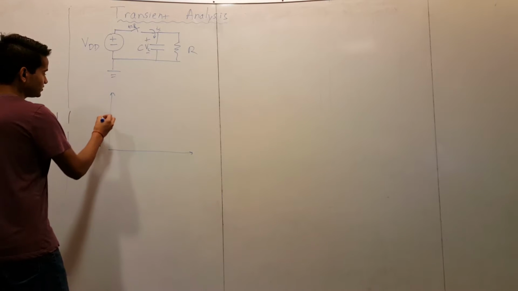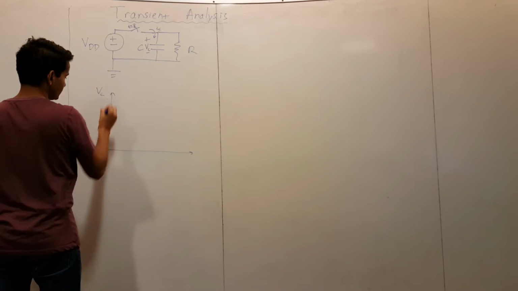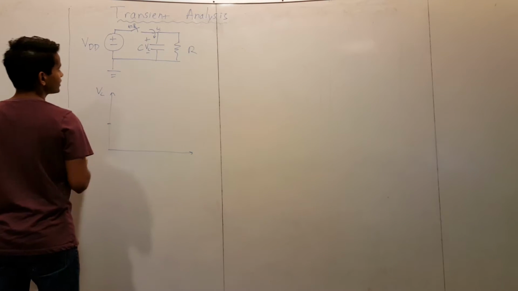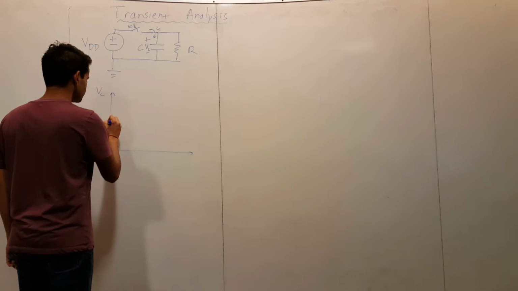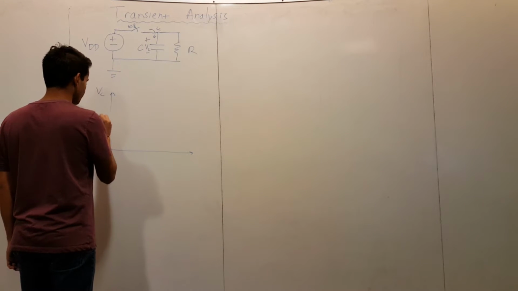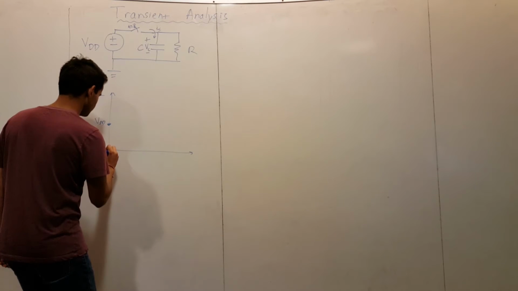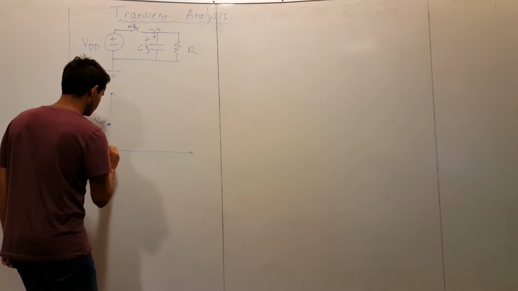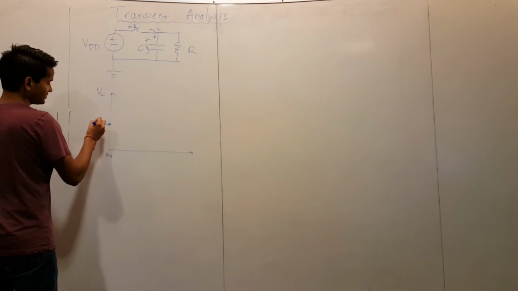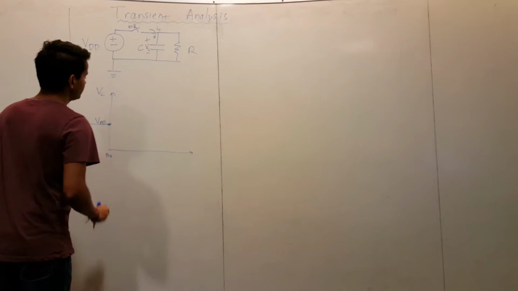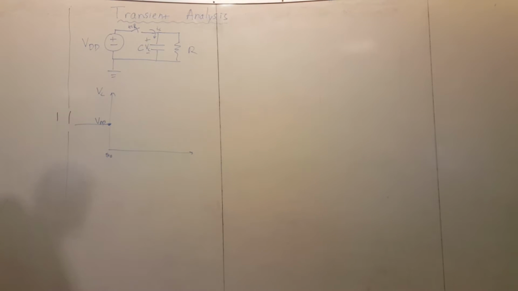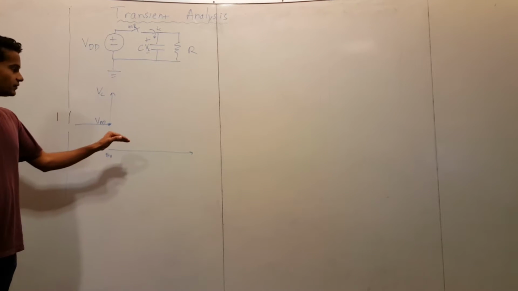At time t equal to 0, VC, the capacitor, should be fully charged, so this should start off at the voltage VDD. At all times t less than 0, the capacitor should be at VDD.